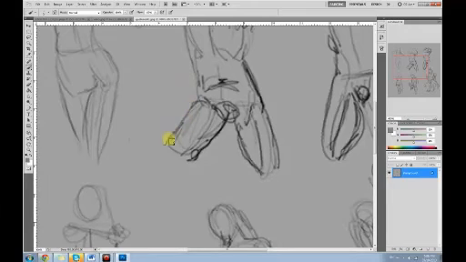This line here has at least two or three lines trying to figure out the side of the thigh. The side of the thigh, considering the beautiful lines that you used, could have been made in just one or a couple strokes. Just one stroke could have been used for the side of the thigh, or one very, very well thought out stroke to represent the curvature and then the knee.